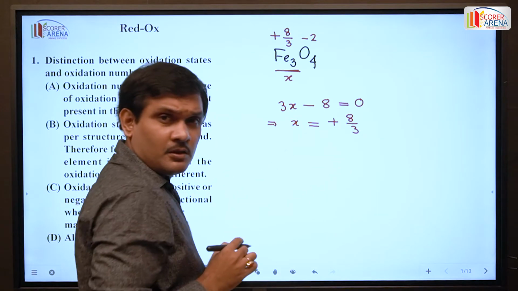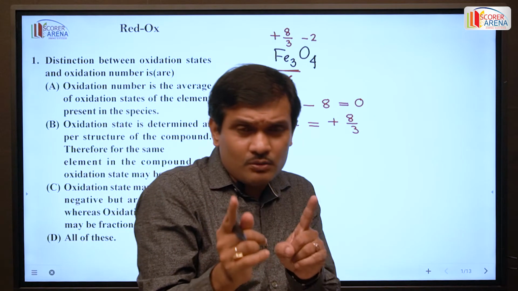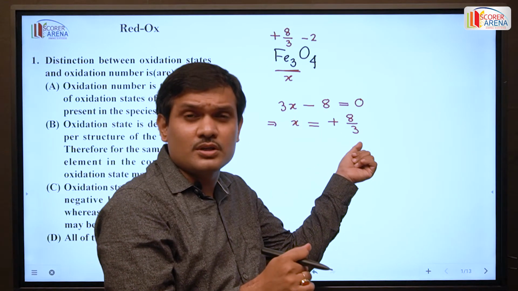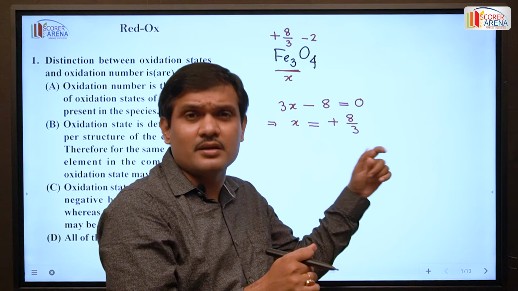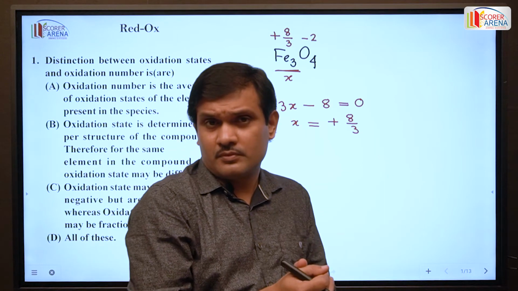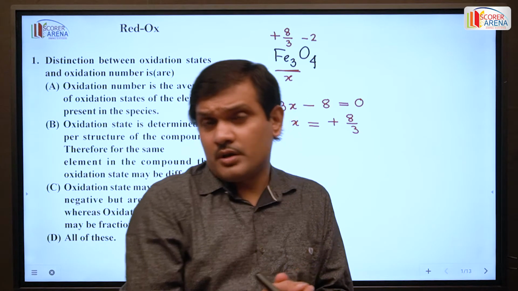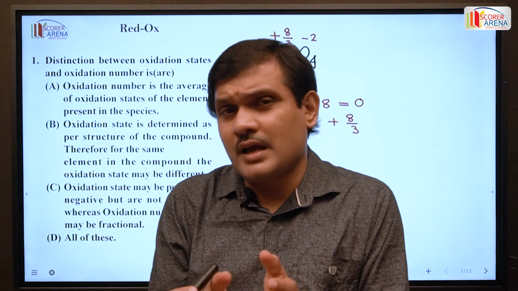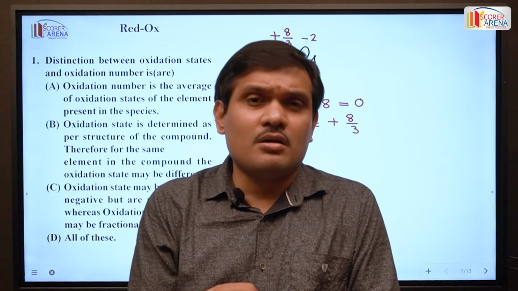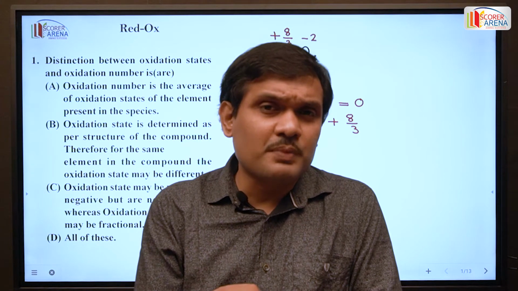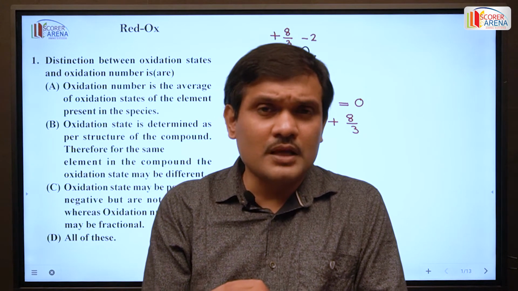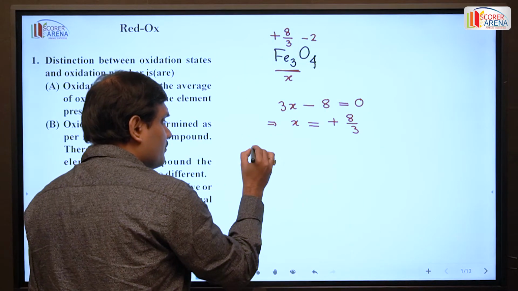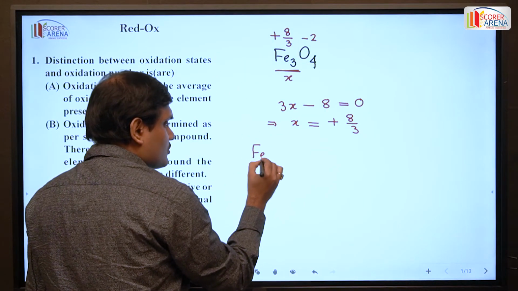So the value we determine actually gives the oxidation number of iron in Fe3O4. Actually, is there any iron present in Fe3O4 that has a real oxidation state of plus 8/3? The answer is no, because Fe3O4 is a mixed oxide.